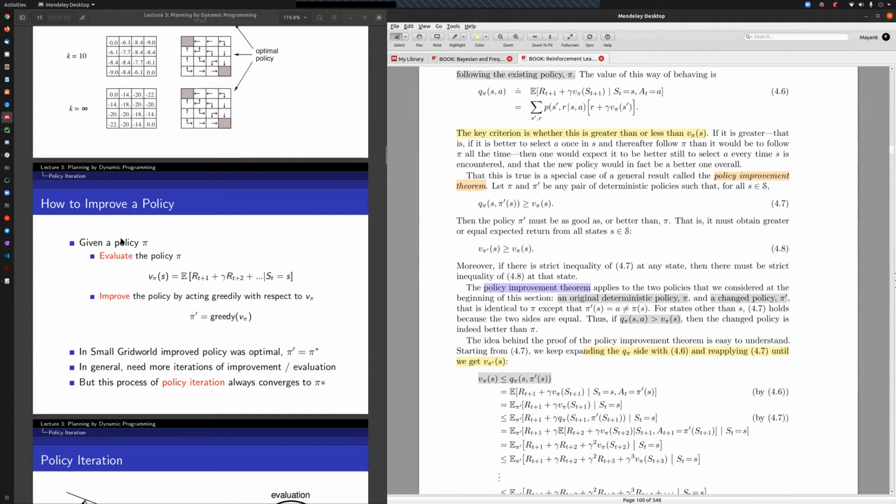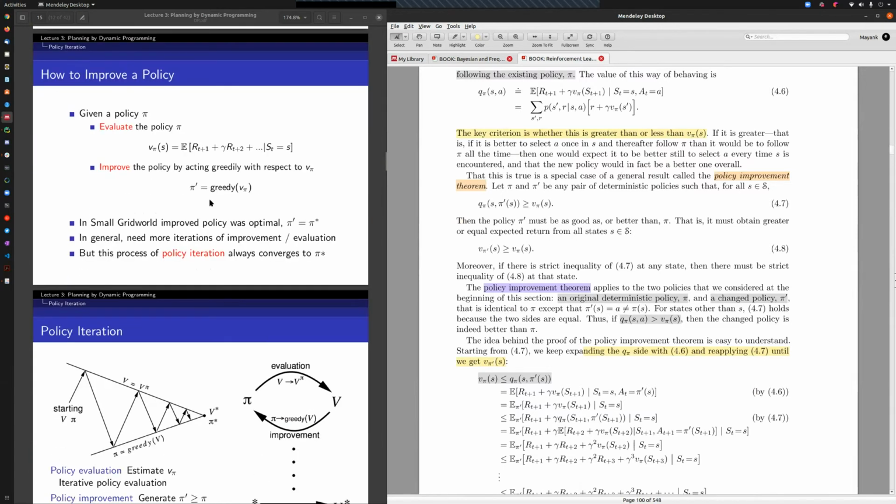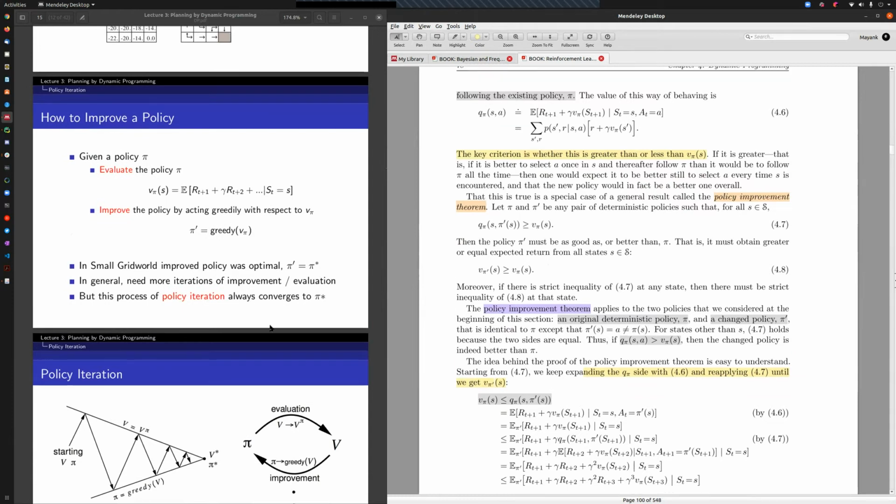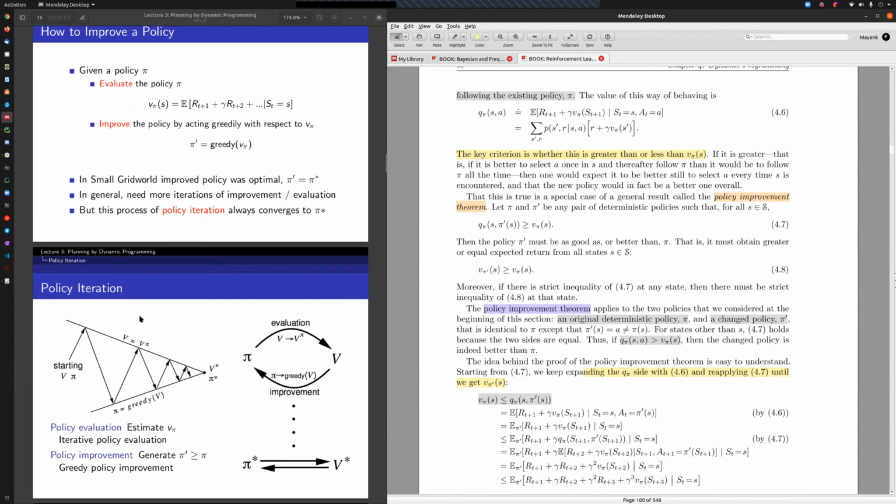So this is what we define in the policy improvement space. Let's take this example first. This is the starting space, in which all the state spaces are defined as zeros.